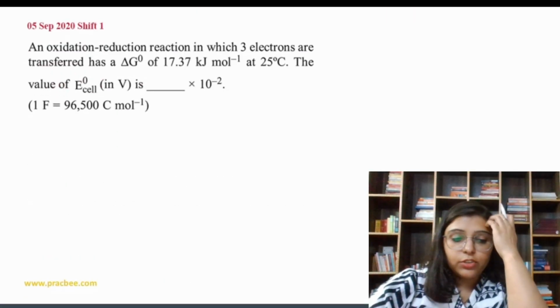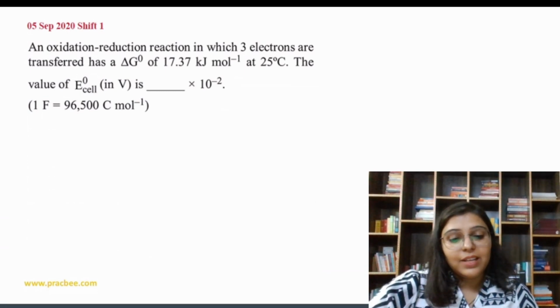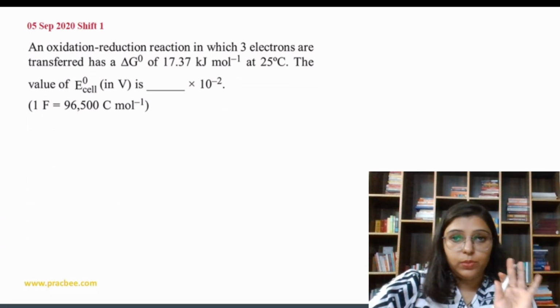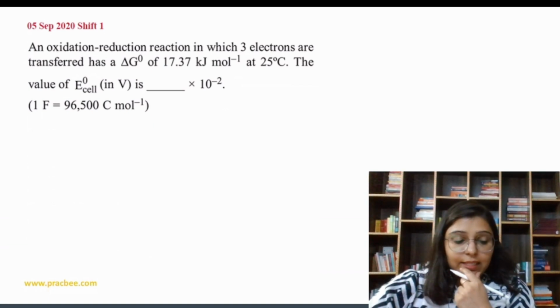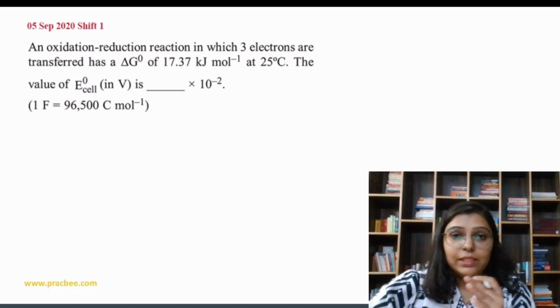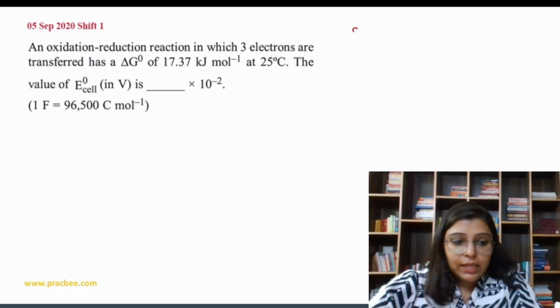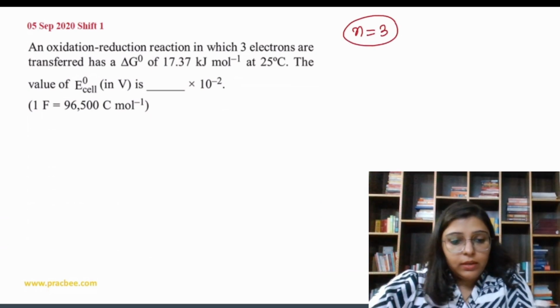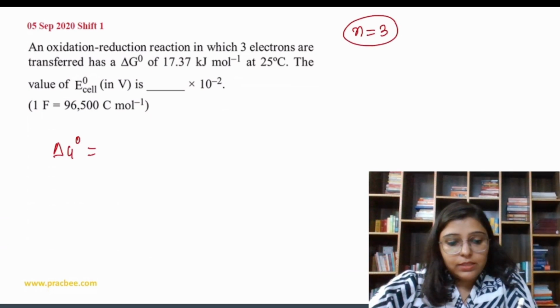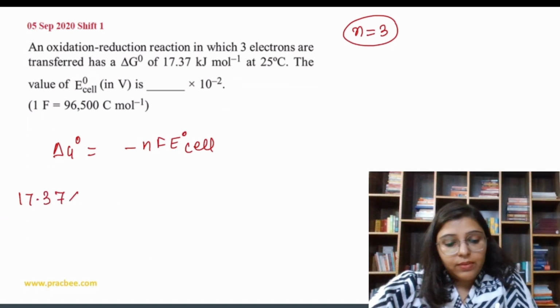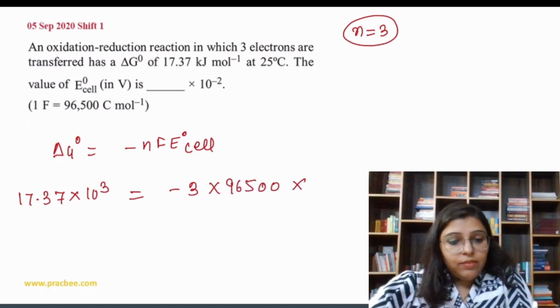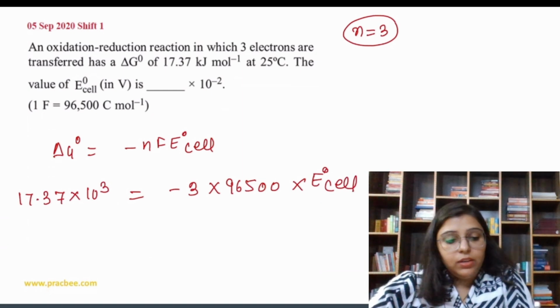An oxidation reduction reaction in which 3 electrons are transferred has a delta G naught of this value at 25 degrees Celsius. The value of E naught cell is dash. So N is equal to 3 over here. Delta G naught is minus NF E naught cell. We have to take delta G naught in joules, so 17.37 into 10 to the power 3 joules. N is 3, Faraday is 96500, and we have to find the E naught cell value.